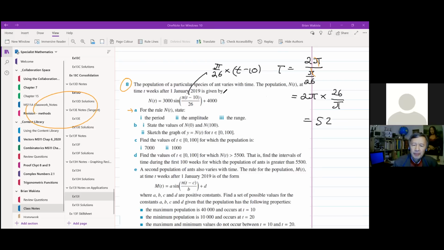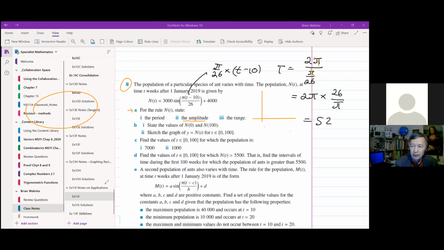So what is the amplitude? Amplitude is 3000. Yes, good. What is the range? So the maximum value is... you have to draw a diagram to help you. We know that 4,000 is a shift.